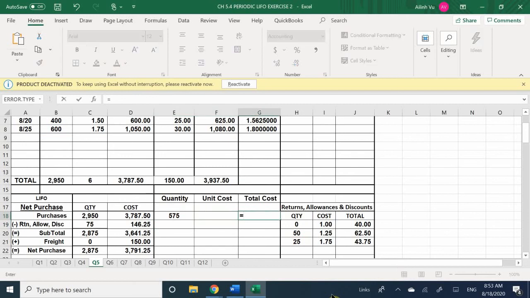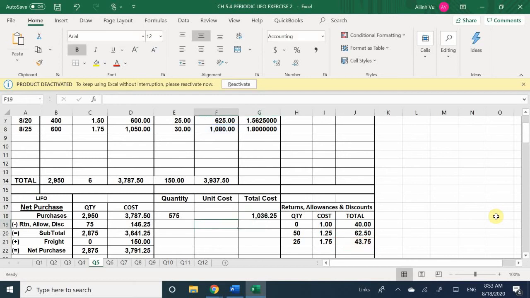And then here, our total was 1,080 minus our returns of 43.75, and we get what? 1,036.25. And if you'd like, you can solve for this, but you don't have to because we are getting rid of the whole entire batch.